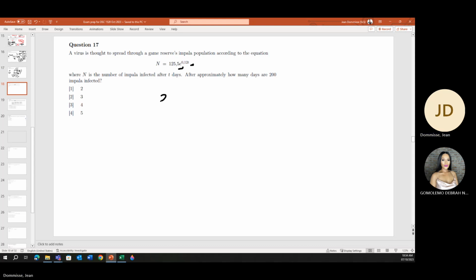So what they want to know is, we know 200 impala is infected, but we want to know after how many days. So we need to solve for t.